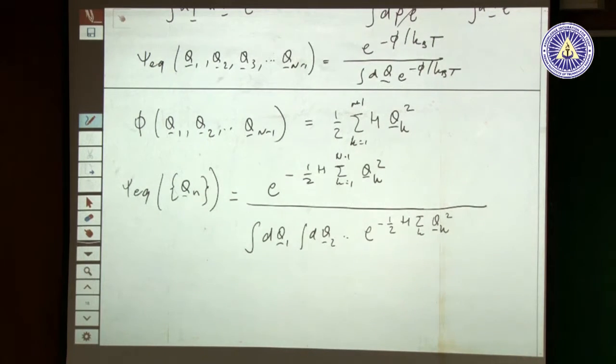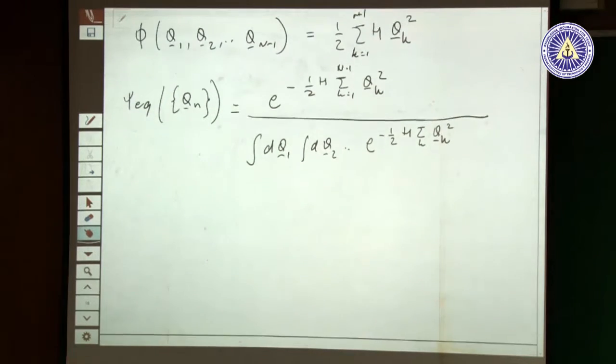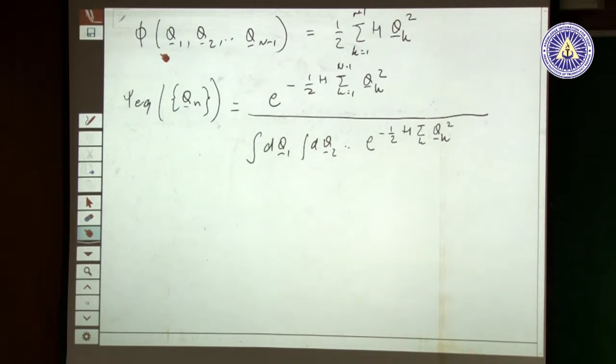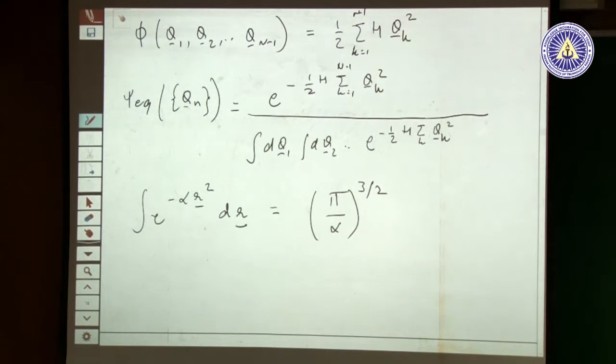But if you look at the denominator, you can actually explicitly carry out the integral. It's what's called a Gaussian integral. So if I have an expression like this, then it turns out that you can do this integral analytically, and it has this form, pi over alpha to the power of 3 over 2.